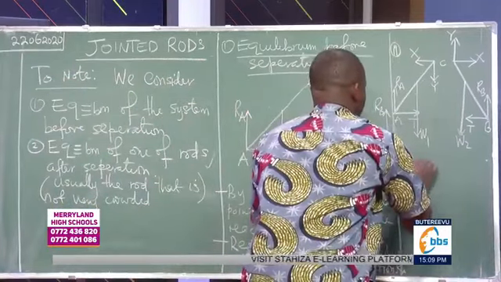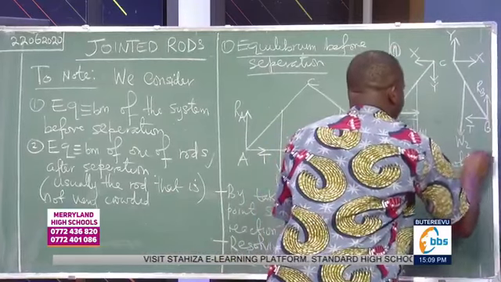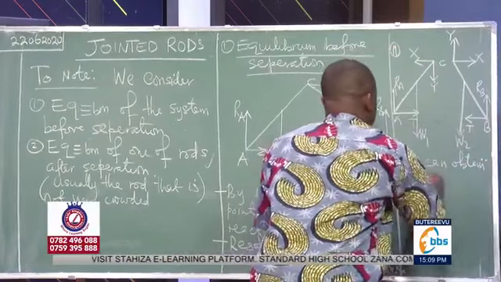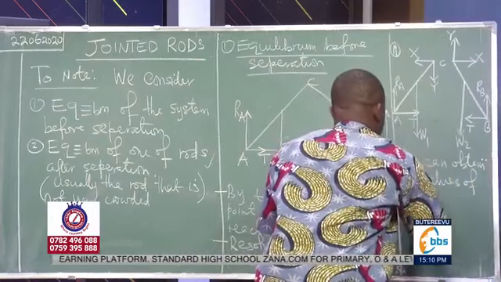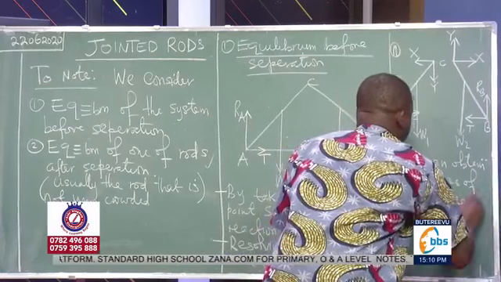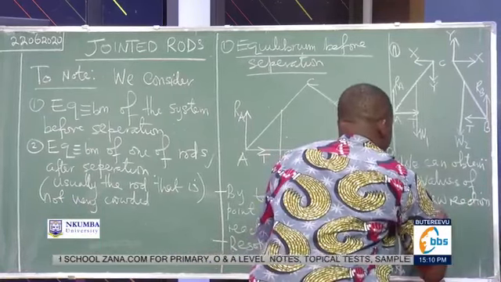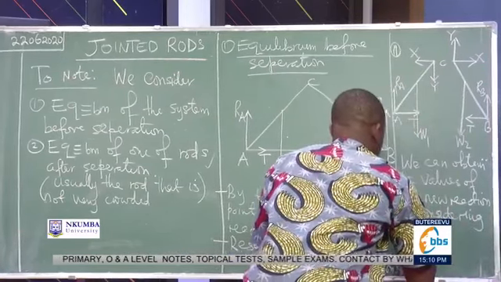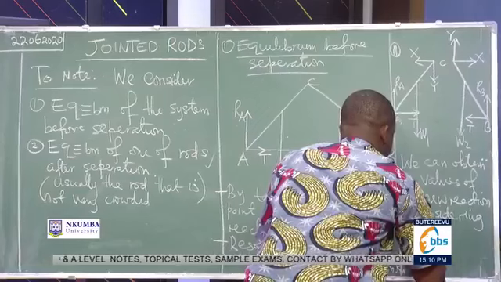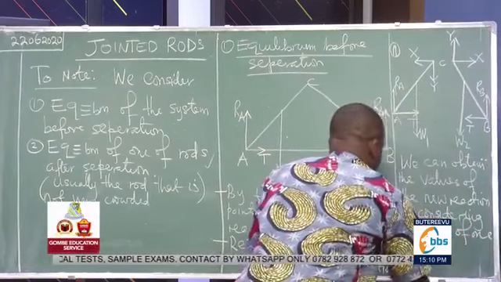We can obtain the values of the new reactions by considering equilibrium of one of the rods.